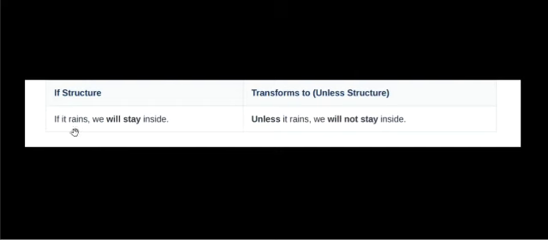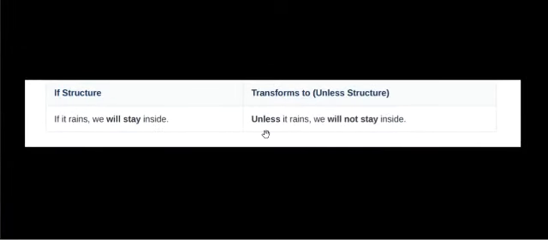So it will be, "Unless it rains, we will not stay inside." So what you're basically doing here is just introducing "not". If the part is in a positive way, you just introduce "not" so that it becomes negative.